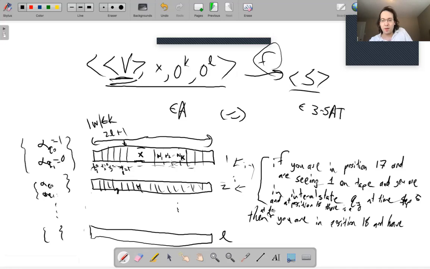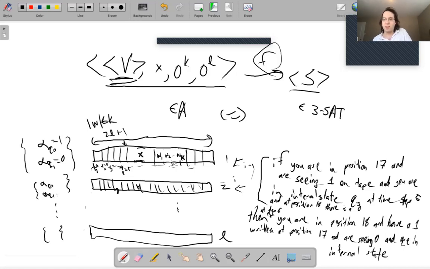Okay, so if all this happens, then you are now at step 6, you're in position 18, and have a 1 written at position 17, and are seeing 0, and are in internal state Q7.